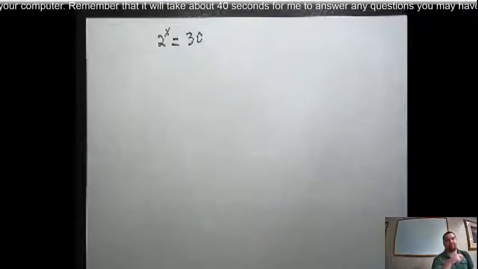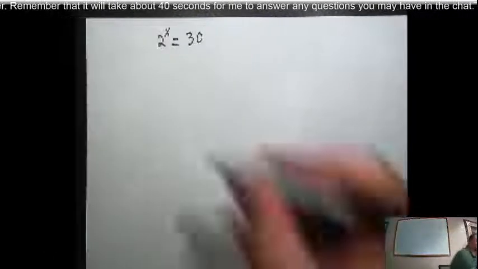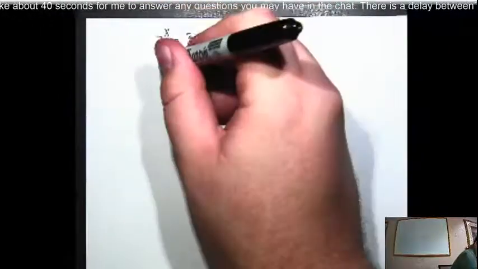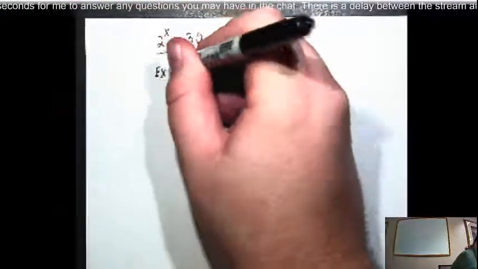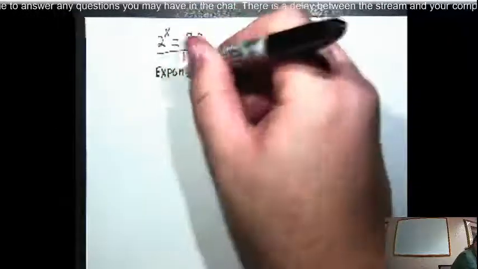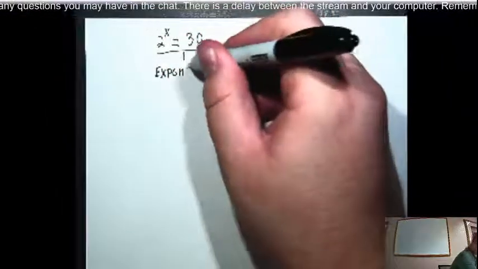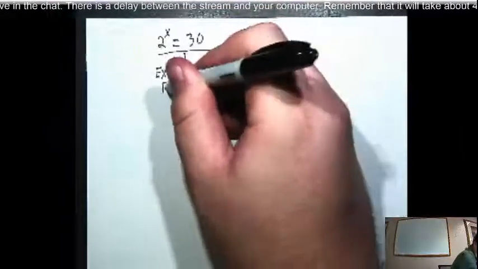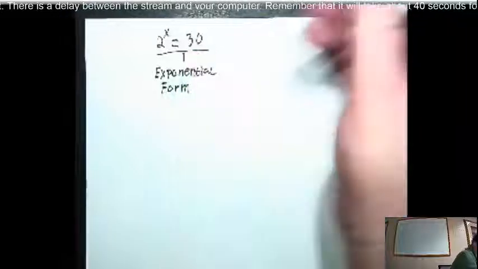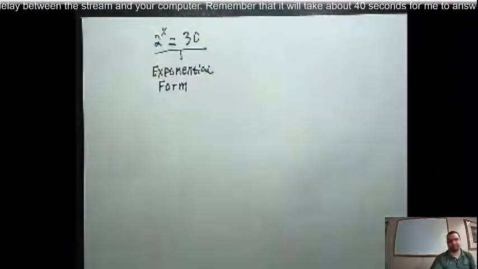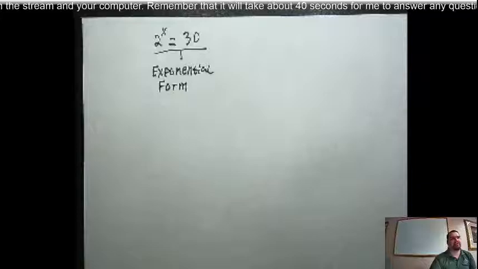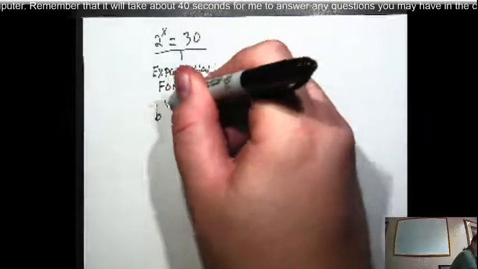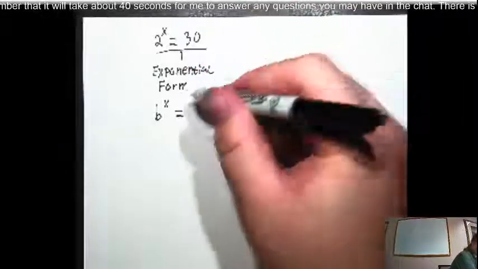So the first thing that's important here is to know how to go from what we call exponential form to radical form. So exponential form is going to be something that looks like b to the x equals y.